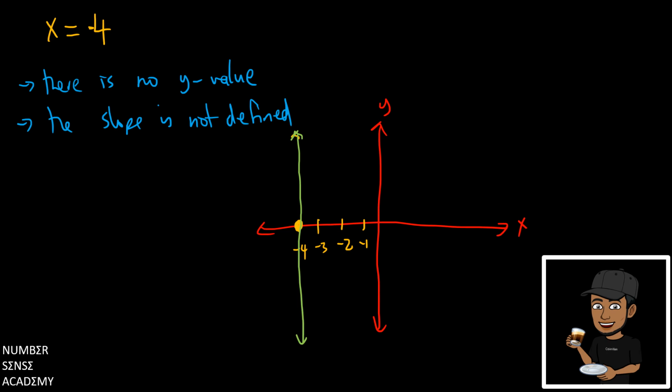So that's all you can do for this. All you can do is find the point on the x-axis. So it says x equals 4, so find x equals 4, and then draw a vertical line that's parallel to the y-axis.